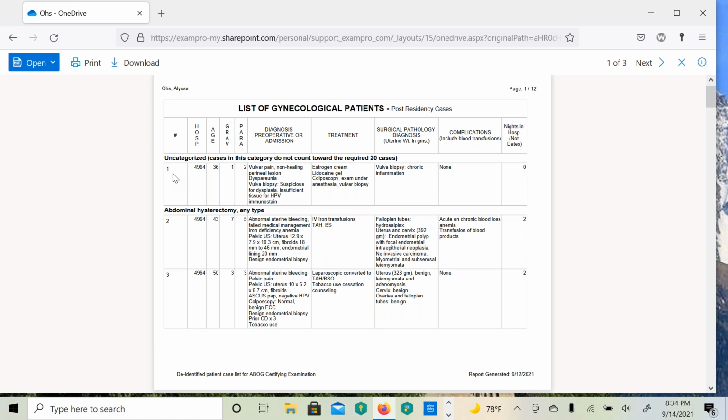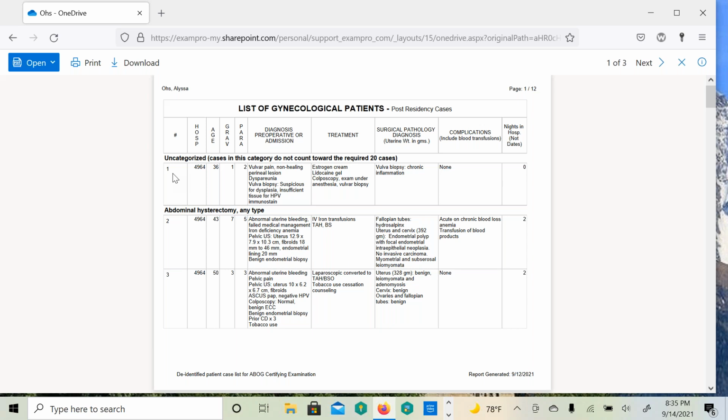So a 36-year-old with vulvar pain and a non-healing perineal lesion. I would start there. If the patient comes in with only that complaint, and this could be on your GYN or office practice case list, what would be a basic differential diagnosis that you'd be thinking of here? So for vulvar pain, first examining if there's a lesion.